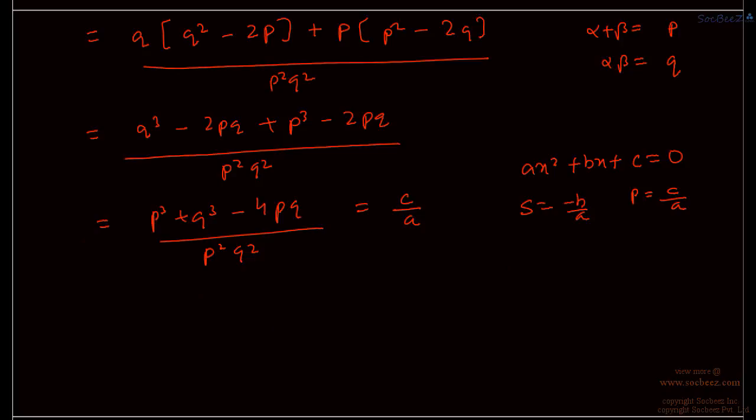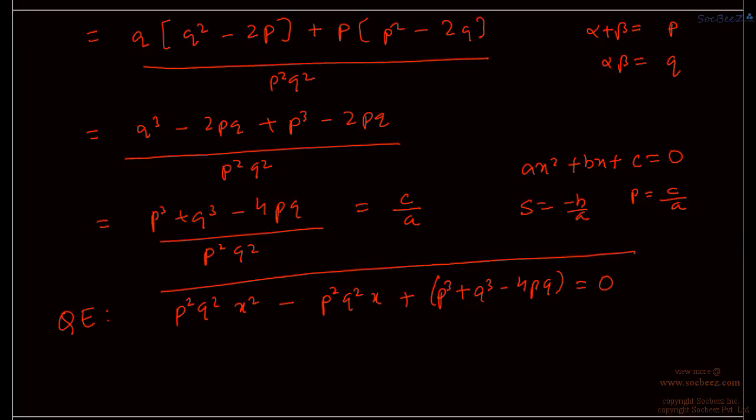What is a? a is P squared Q squared. So I get b as minus P squared Q squared. Hence my quadratic equation has a as P squared Q squared; whatever b is, it should be the negative of that, so that the sum is just 1. Right? So it's minus P squared Q squared into x, and then my c is P cube plus Q cube minus 4PQ. Right? So this is my quadratic equation.